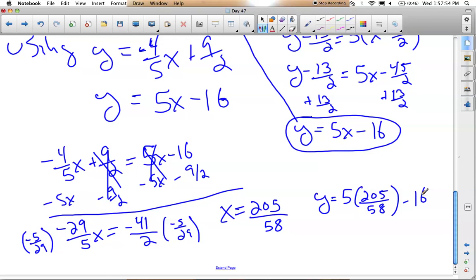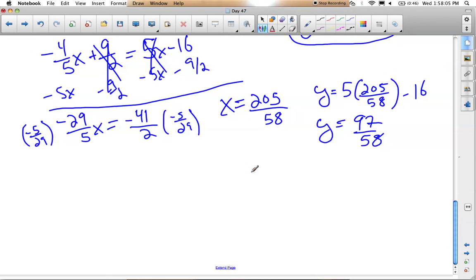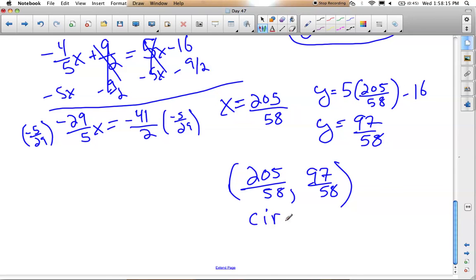I'm just doing this in the calculator. So y equals 97/58, and there's my answer. So 205/58, comma, 97/58. Those are the coordinates of the circumcenter.